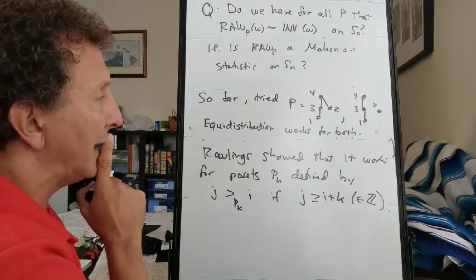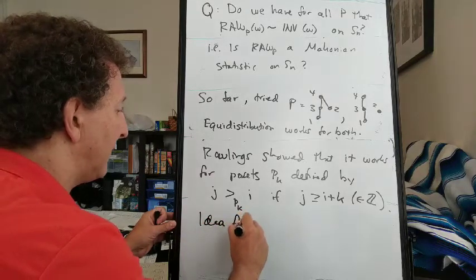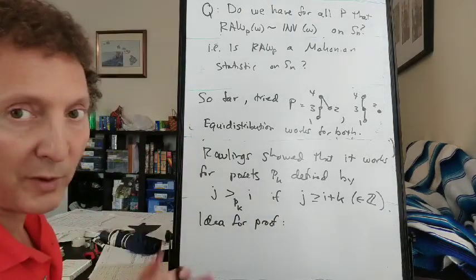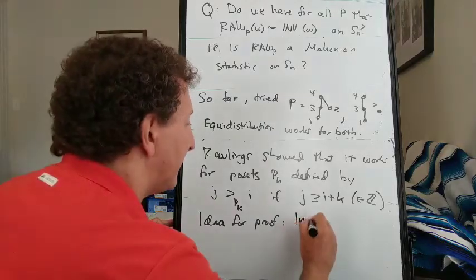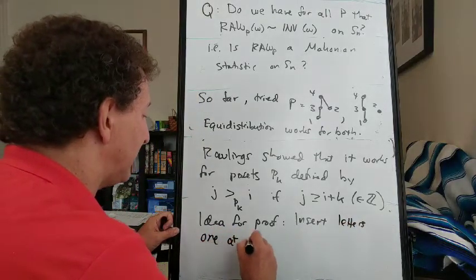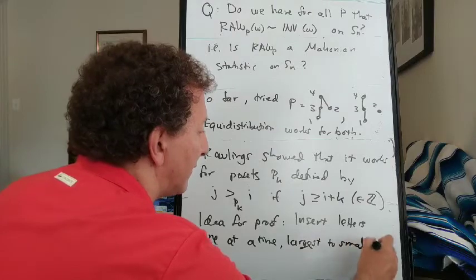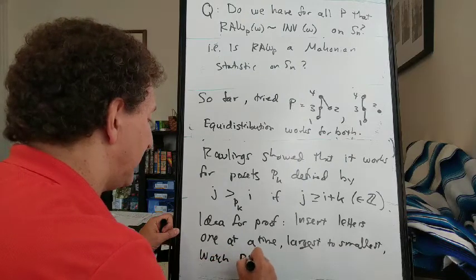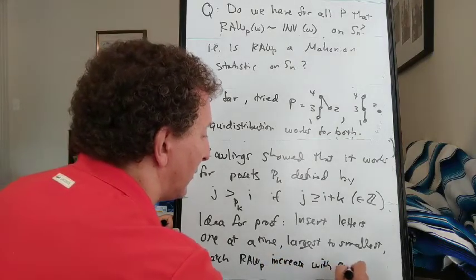Now, an idea for proving this might be to insert the letters from largest to smallest one at a time and watch the Rawlings statistic go up with each insertion.